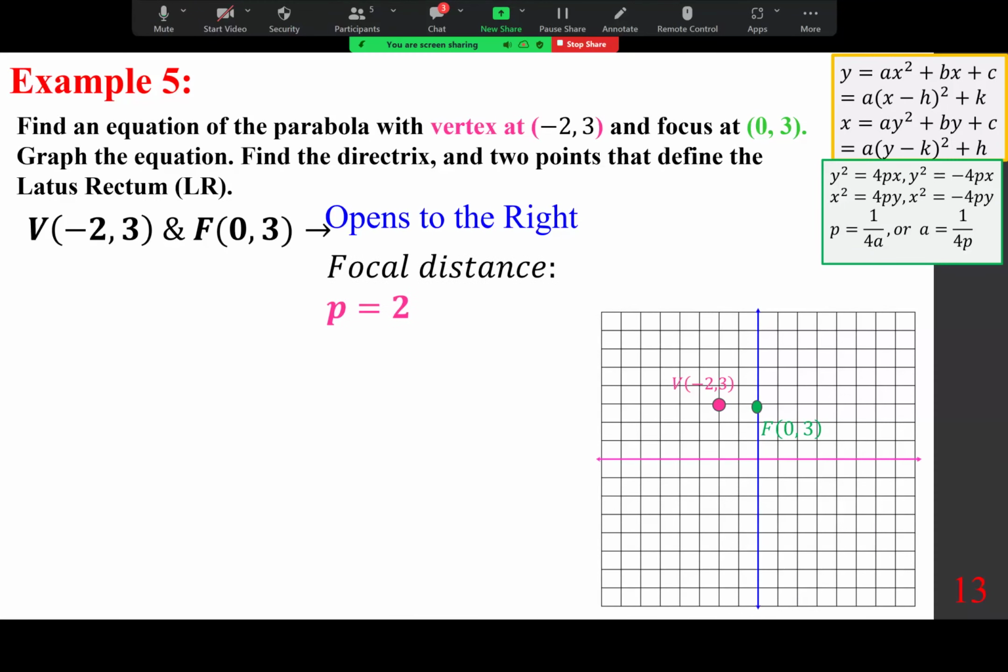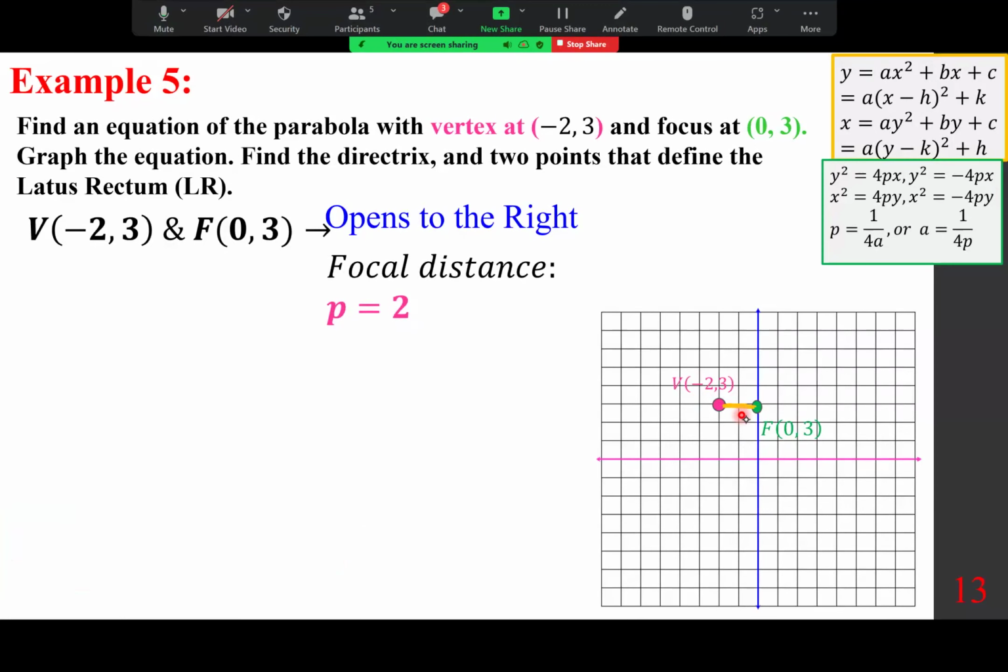The focal distance is 2 because of the location. So we want this distance from the point (-2, 3) to the point (0, 3), which is clearly 2, and that's p.